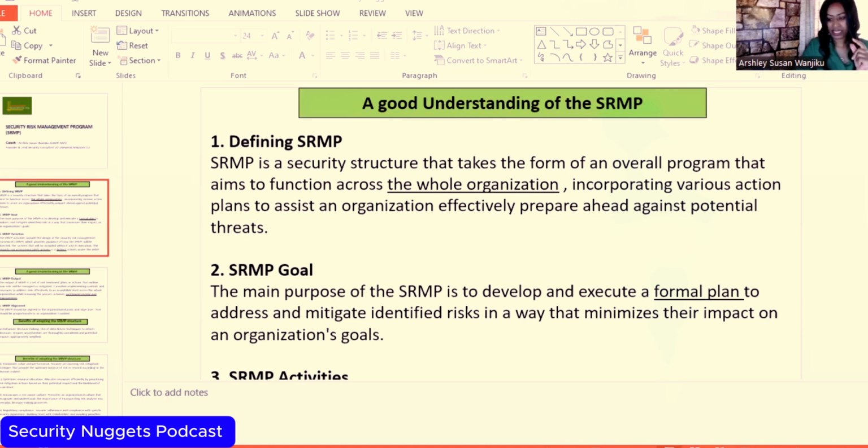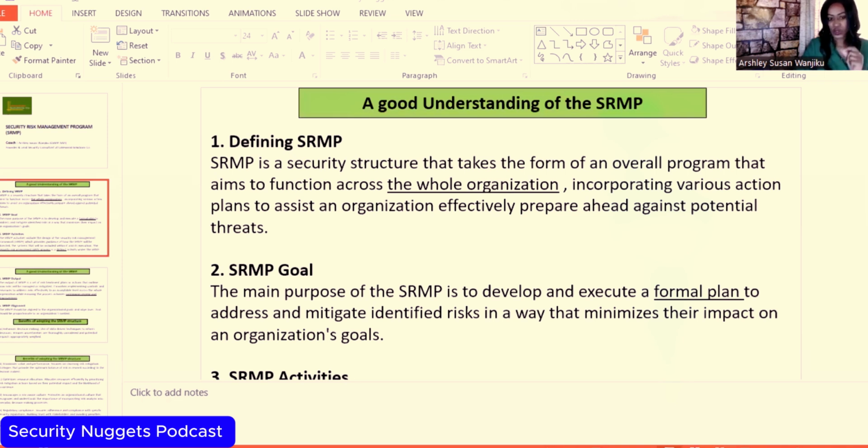But if your organization is using a security risk management program structure, then it is likely working together with other business functions within the organization. It is also working together with other stakeholders that are not in the security department, but as long as they are key towards security management, they are included in the program.